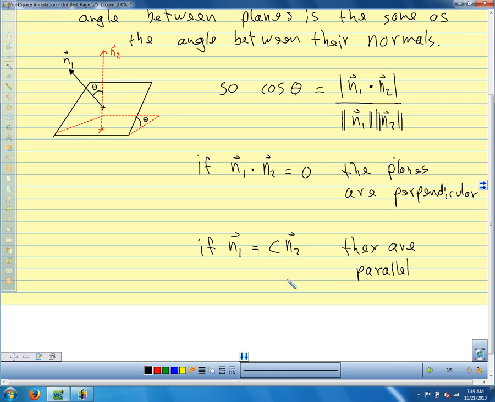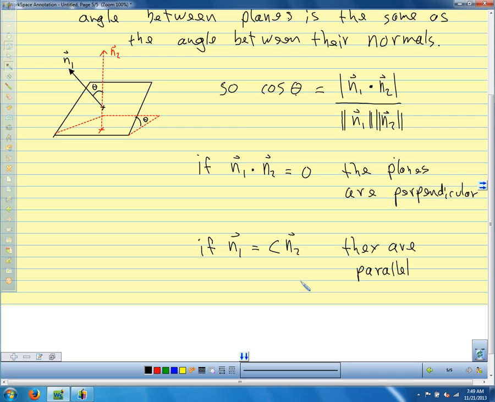If we're thinking about how could we think about the angle between two parallel planes? 0 or 180, right? So what's our dot product going to be? 1 or negative 1, right? So our angle would be 0 or 180. So that's a couple of ways to tell if our planes are parallel.